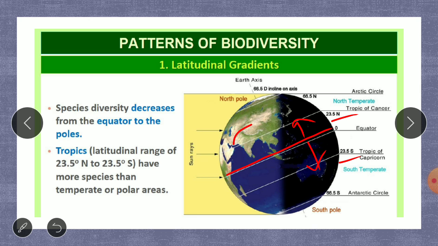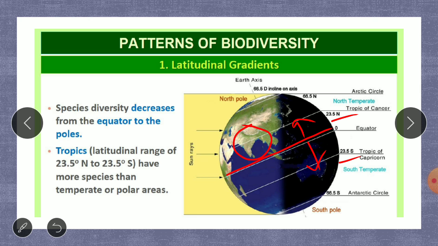And as you can see over here, India lies at 23.5 degrees north. Because of that, India is one among the mega biodiversity nations with a lot of species diversity.